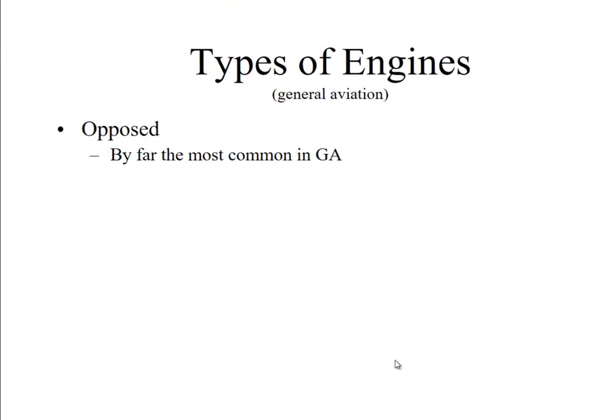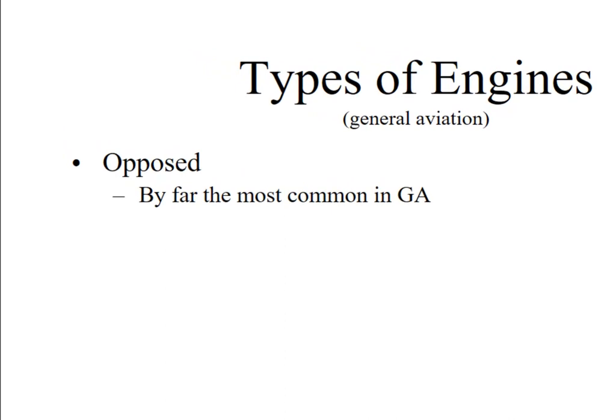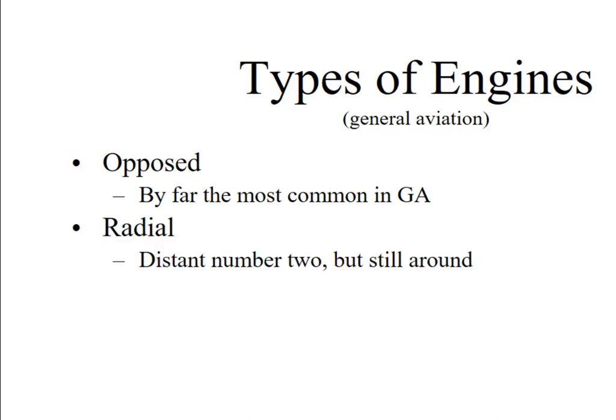Types of engines, we categorize piston aircraft engines in general by how the pistons are arranged on the engine. The most common one being opposed, and by that we mean that the cylinders on the engine are sticking out sideways opposite from one another, and I'll show you a couple of pictures here in a second.